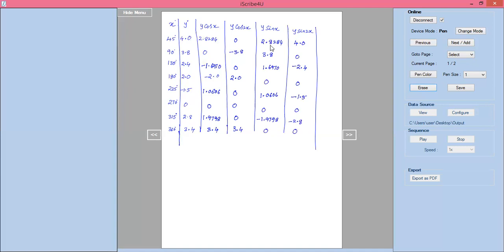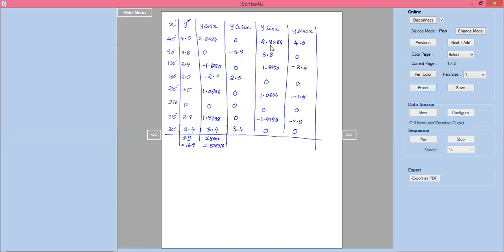We'll get this much. Now you can make the sum. Summation of y. This is not radians. Summation of y is 16.9. Summation of y cos x is 5.5718.